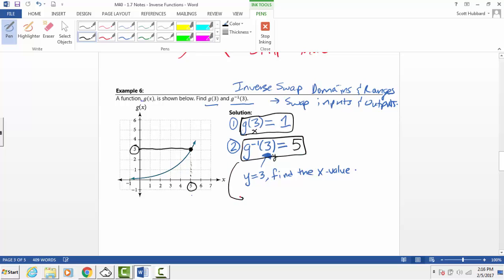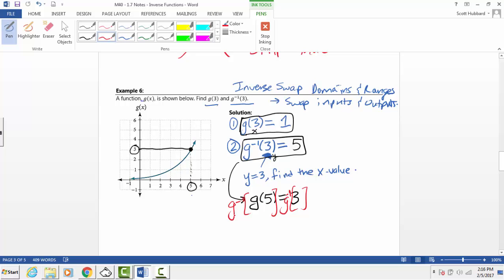And just to explain again what that means algebraically, this is because if I did g of 5, the original function, I got 3. And if I take an inverse on both sides, g inverse of 3 is really just asking us for the inverse of g of 5.